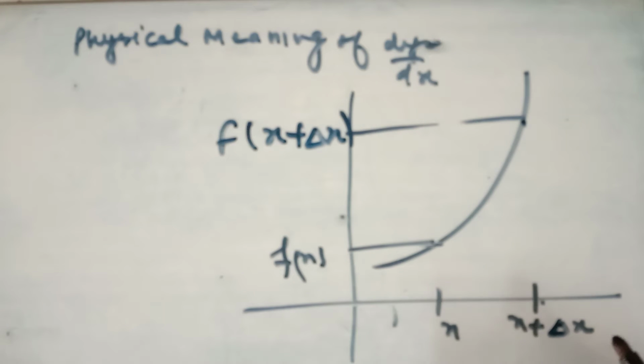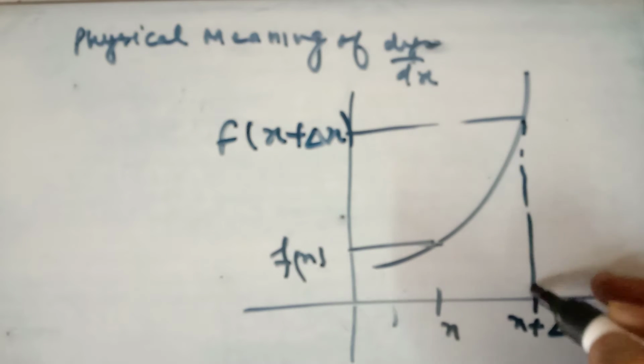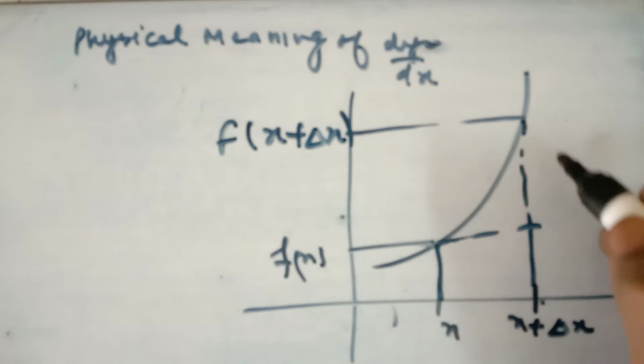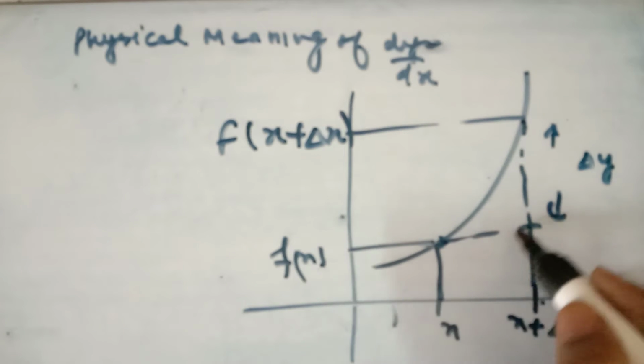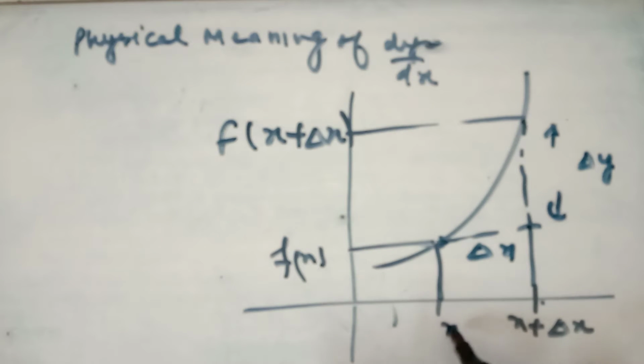If you draw a perpendicular from it, naturally this will be delta y, and this distance will naturally be delta x. The value of x increases by delta x.